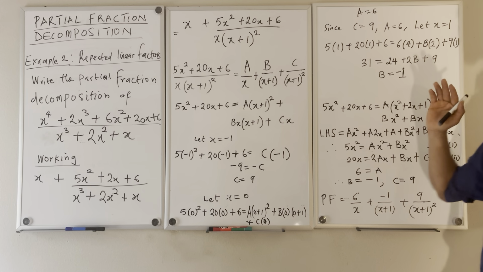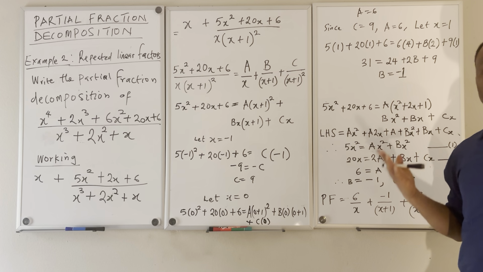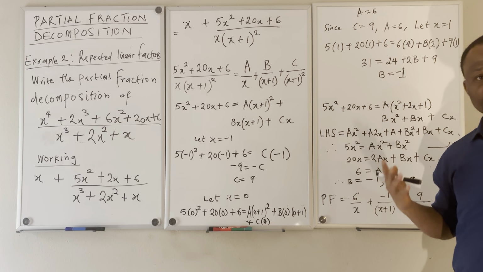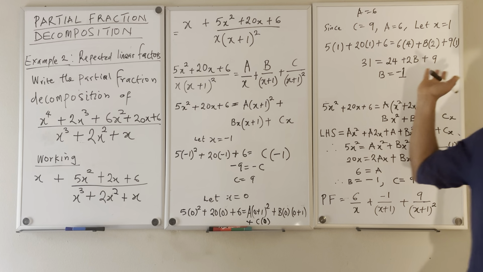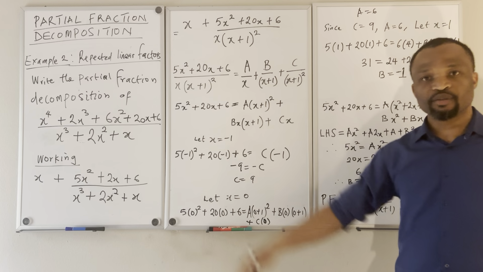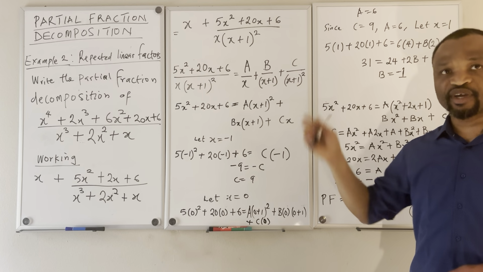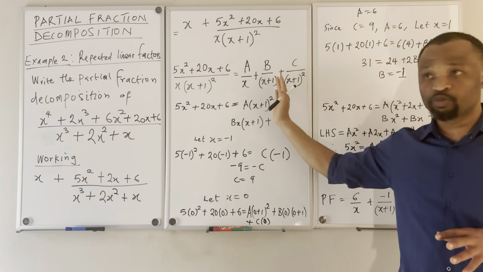So with that said, we've been able to get what our a, b, and c, the constants, would be. The next step is to just substitute those values of a, b, and c, and boom, we'll be done, and that will be our expression. We've succeeded in finding the partial fraction decomposition of this expression.